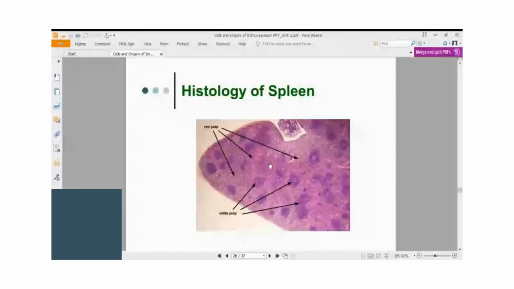And those RBCs which are produced fresh from the bone marrow, which arrive as proerythrocytes, undergo maturation in the spleen and get distributed to other parts of the body as non-nucleated RBCs.